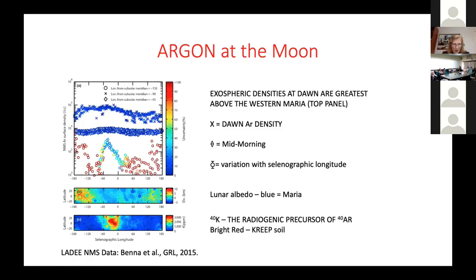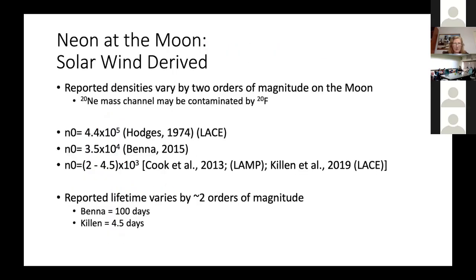But if you look at the argon as a function of selenographic longitude, you get a peak right above what's called the KREEP soil. KREEP stands for potassium, rare earth elements, and phosphorus. And the bright red region there is a region of KREEP. And over KREEP, then you see a sudden increase in argon, which is really quite interesting.